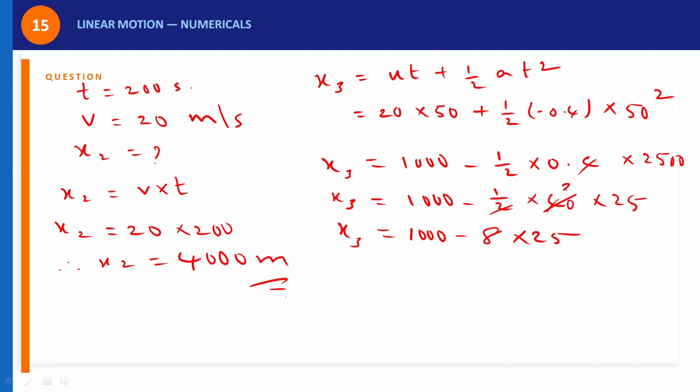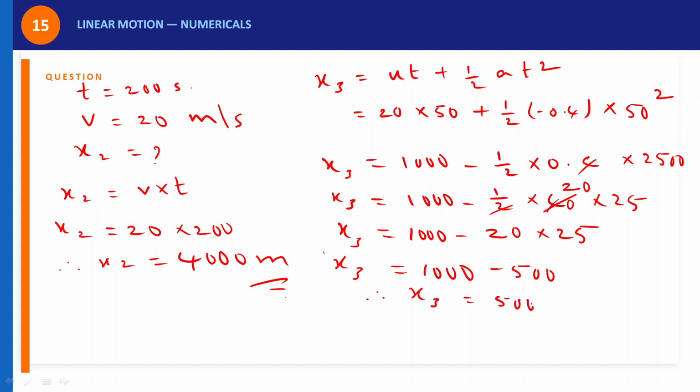Then I will get 20 into 25. x3 equal to 1000 minus 500. Therefore, x3 equal to 500 meters.